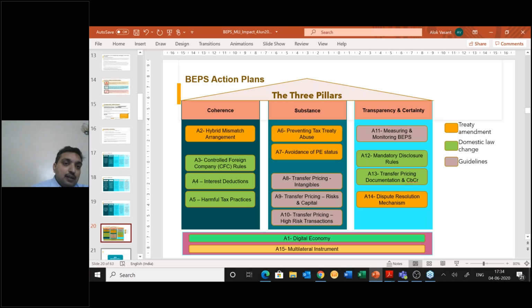So you have a hybrid mismatch arrangement. In this case, a treaty amendment is required. You have preventing treaty abuse. Yes, if you are preventing treaty abuse, you need to amend the treaties. Avoidance of PE status, again, a treaty amendment is required. And then on dispute resolution mechanism, again also a treaty amendment is required for that.